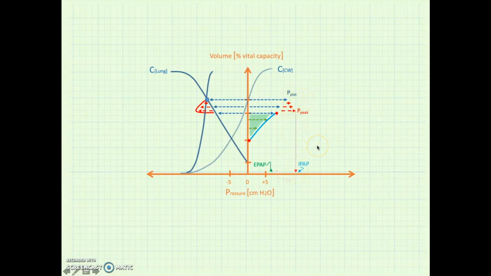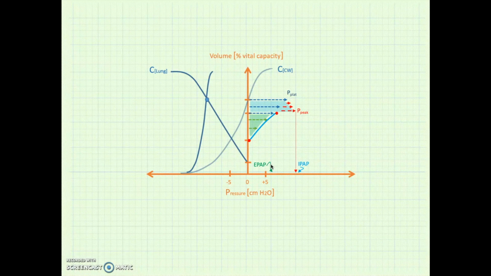So if you dialed in an IPAP of, let's say, 15 or so, you would now roughly take over the work for this patient entirely. That would represent the pressure or the work in the shaded blue above the added EPAP. And so now, when this patient inspires, the patient essentially has all of the work of breathing being applied externally by the ventilator.